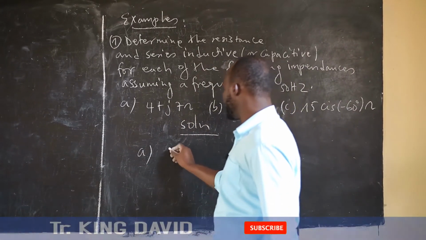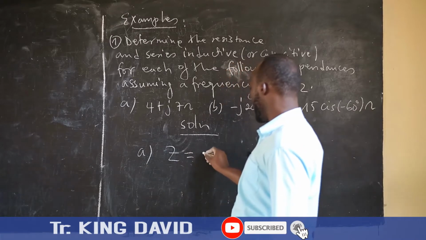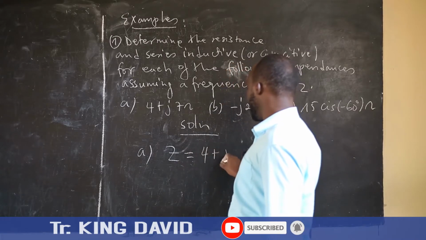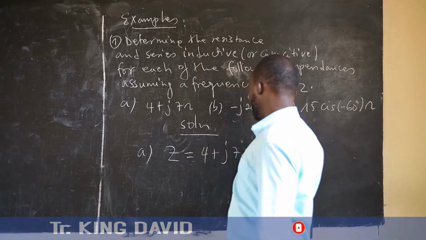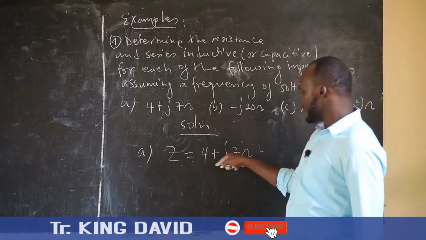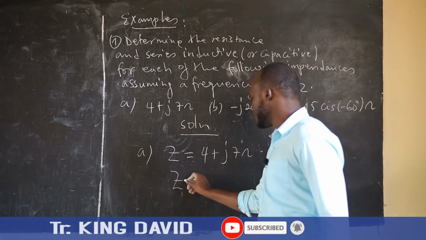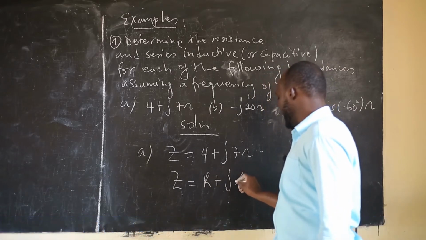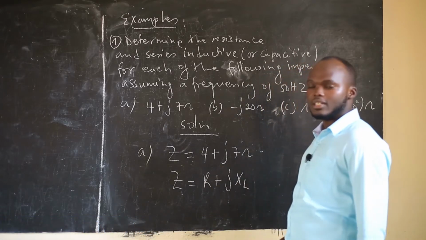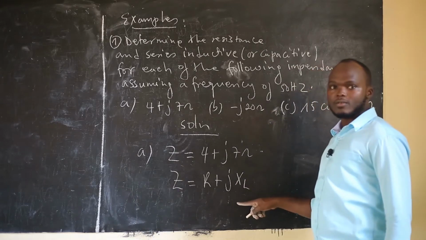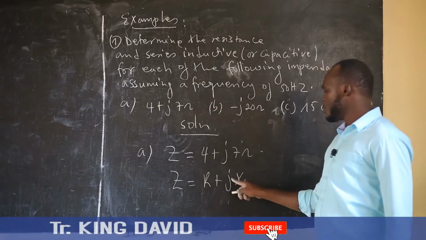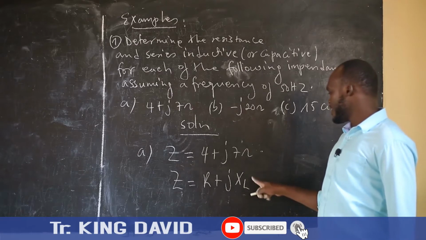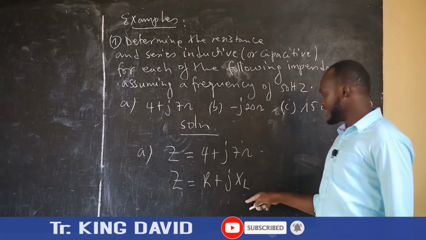Our A, we have Z, impedance, equal to 4 plus j7 ohm. Since we have positive, this is like R plus jXL. So we have XL, which is inductive reactance when it is positive, and capacitive reactance when it is negative.